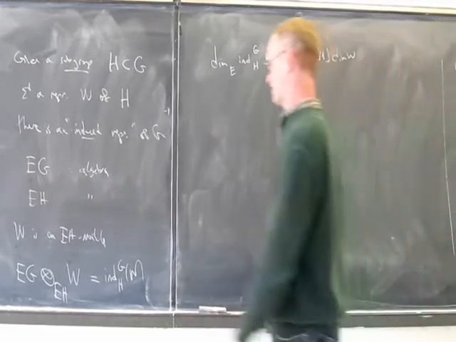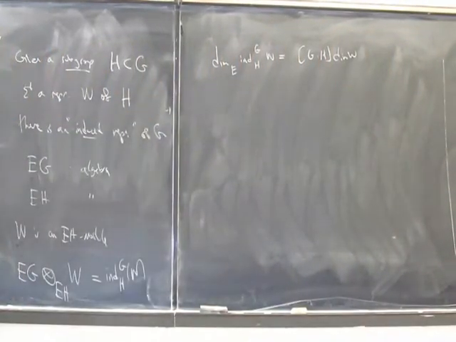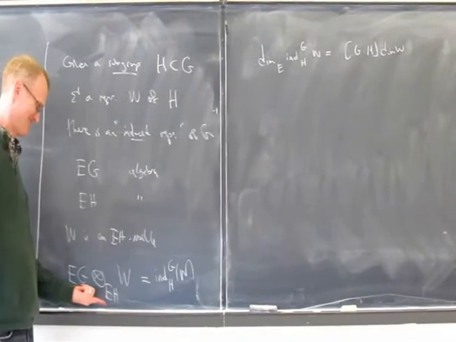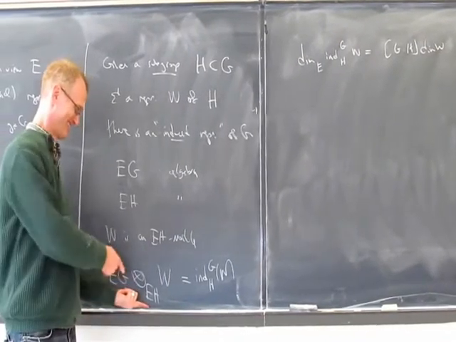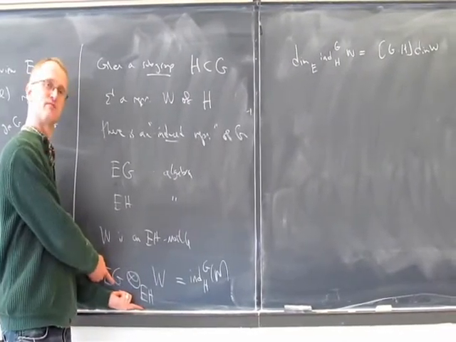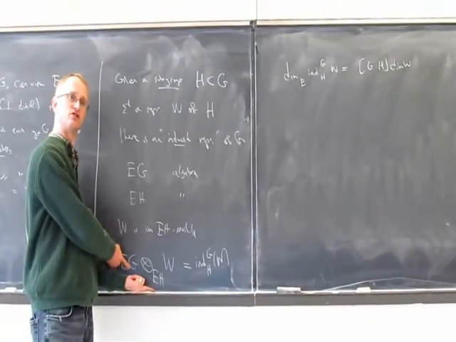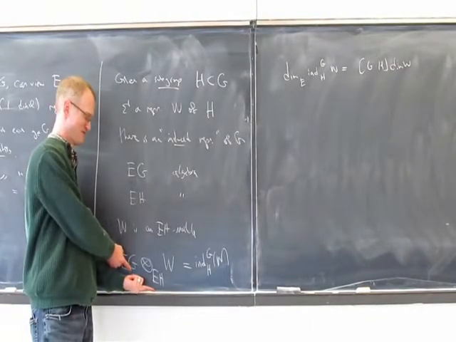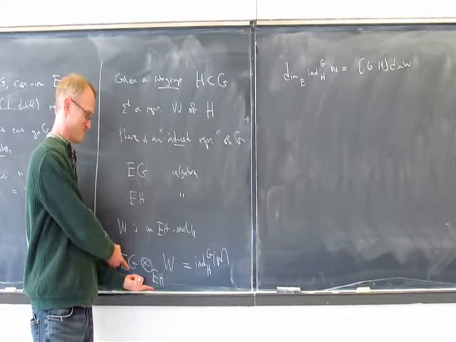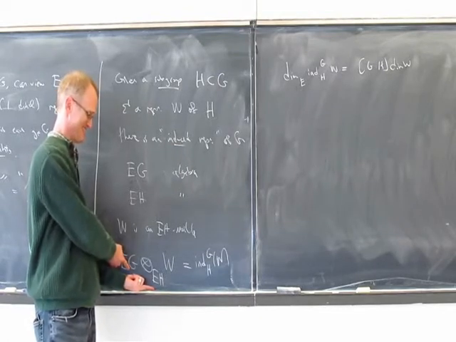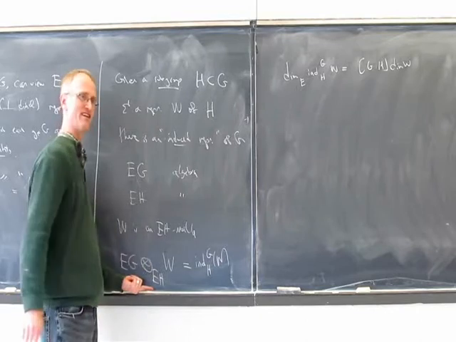It boils down to the fact that, in module language, if I pick a system of coset representatives for H in G, those things give me a basis for EG as an EH module.